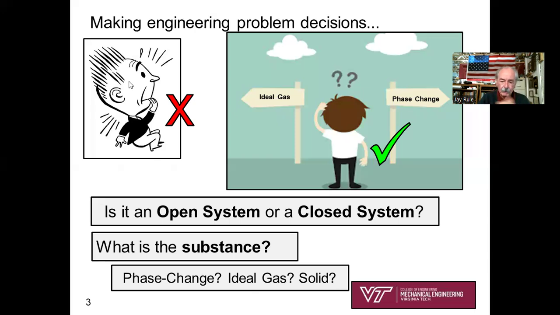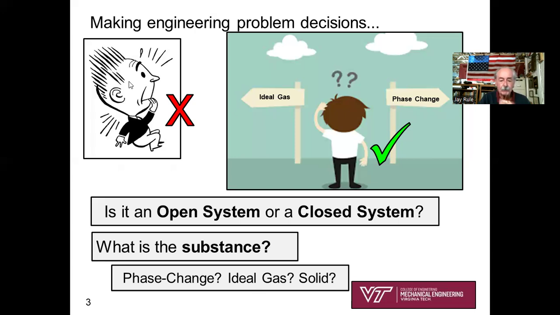I want to review with you, and give you some tips on what kind of decisions you have to make, and in what order, when you read a problem and set out to solve it. This is true for more than homeworks, quizzes, and tests. This is very indicative of what you do as a practicing engineer as well, of course.